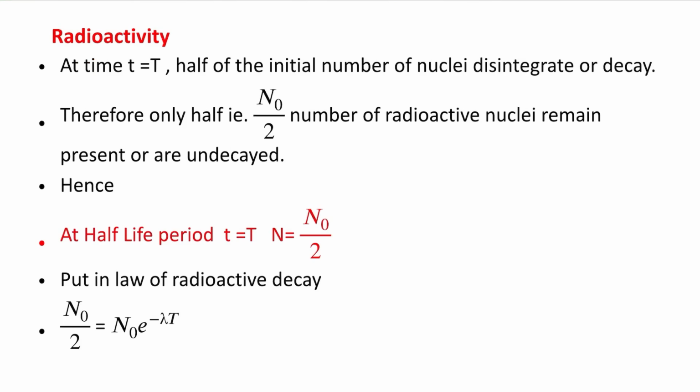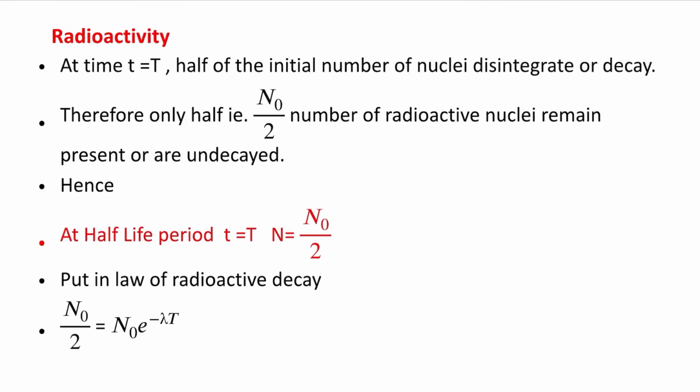Therefore, after half-life period capital T, half of the nuclei have disintegrated, meaning only the remaining half, N0 divided by 2, are present or undecayed.